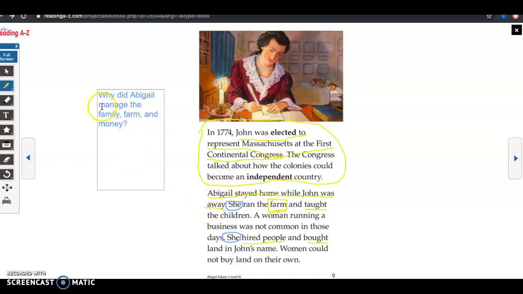So why did Abigail manage the family farm and money? That's where your answer is, right here that I highlighted for you.